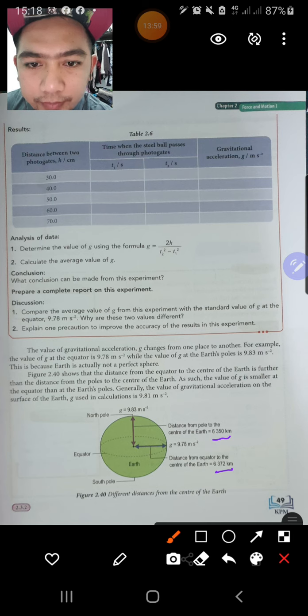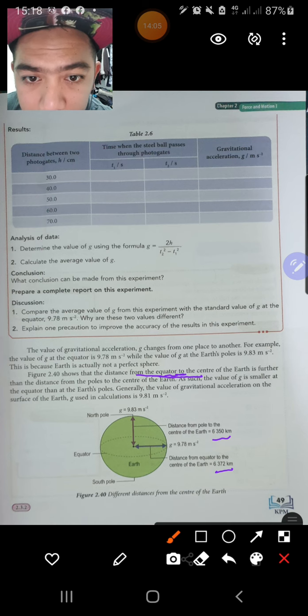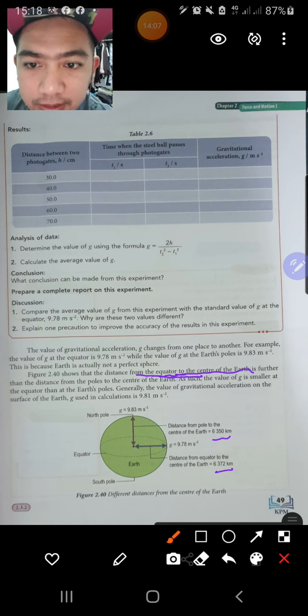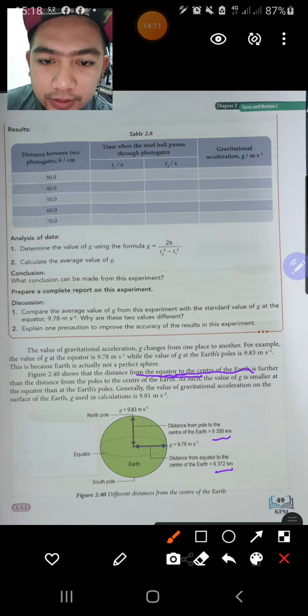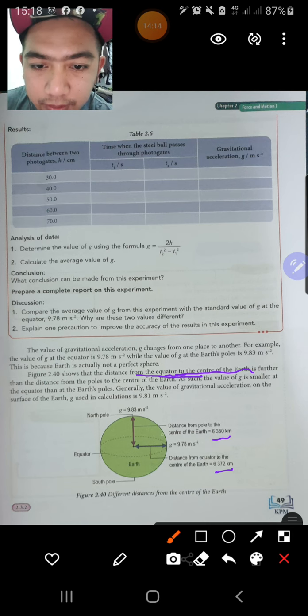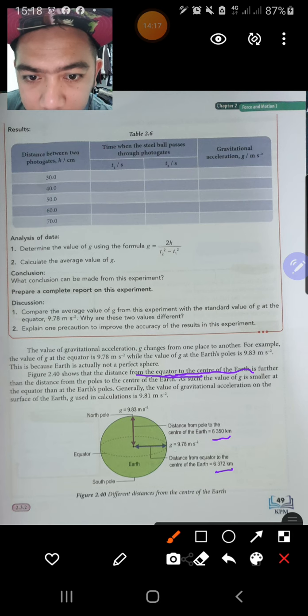That's why equator distance from the equator to the center of the earth is further than distance from the poles to the center. That's why di sini dia akan mempengaruhi, it can be affected by the value of g.